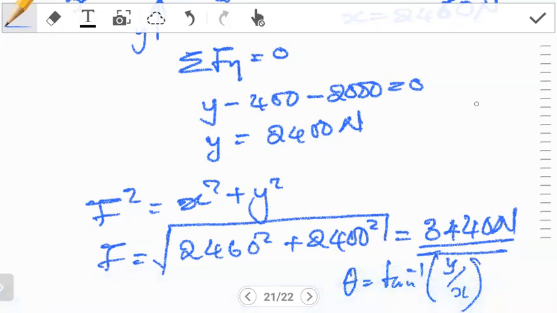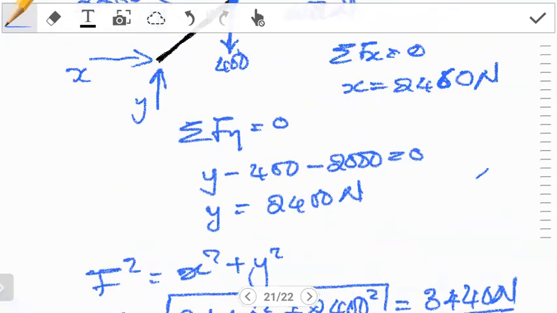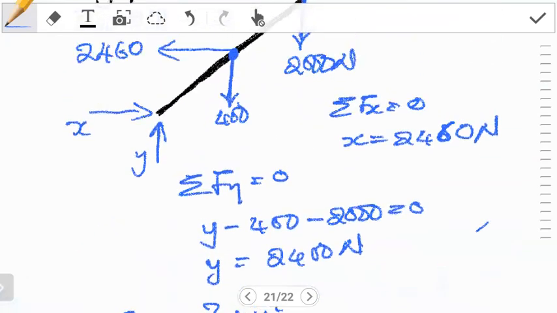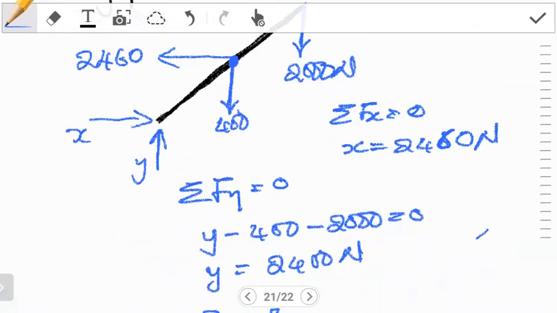This just specifies the direction in which this force is acting. We're saying F is going in this direction. So by getting the angle, what you're going to get is this theta, which, by use of tan, is opposite over adjacent. So opposite is y, adjacent is x. That's how we get the direction.